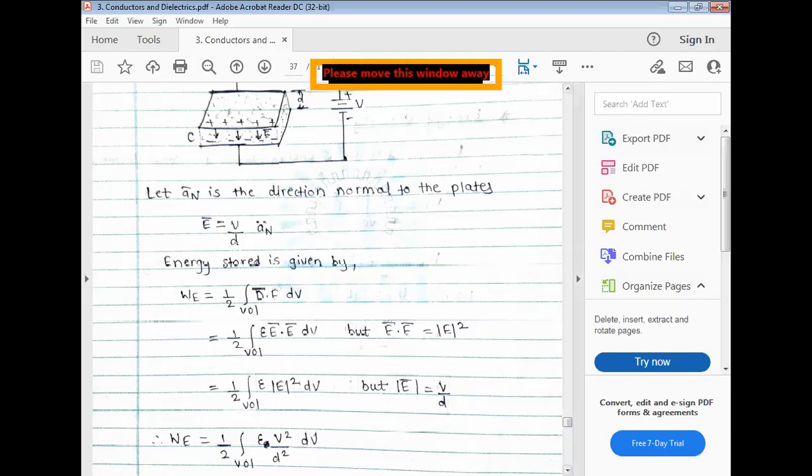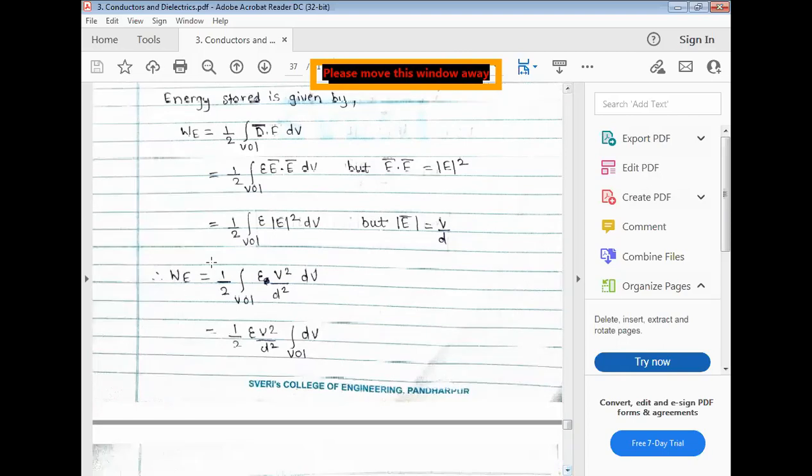Therefore W_E is equal to 1 divided by 2 volume integral of epsilon, and mod of E bar is V divided by d, so it is epsilon into V square divided by d square into dv.